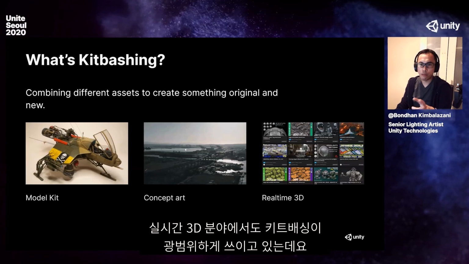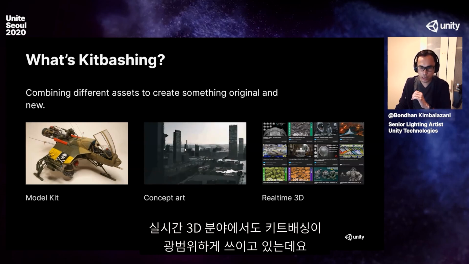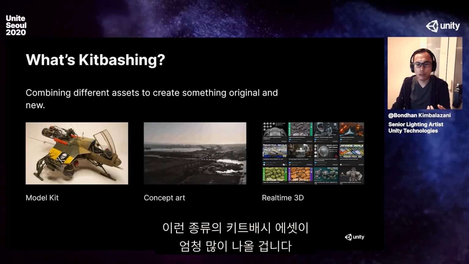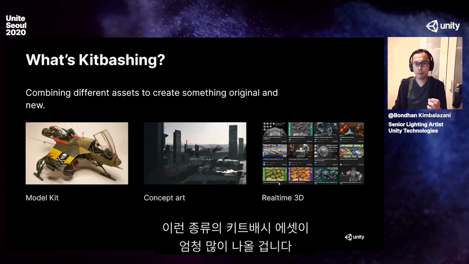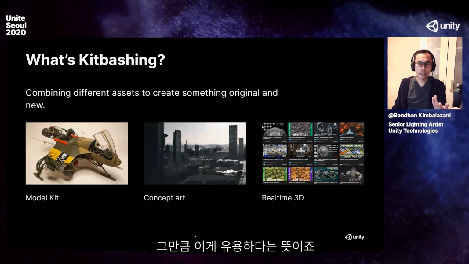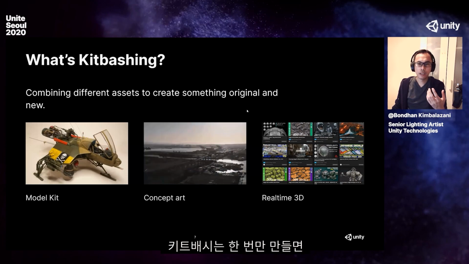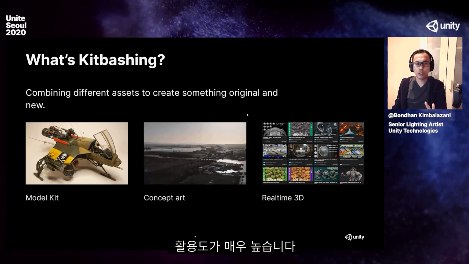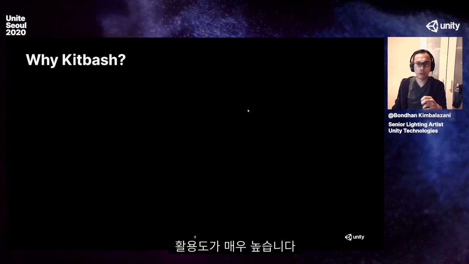And then in real-time 3D, it's just exploding everywhere. If you go to ArtStation and search for kitbash, you will get tons of this kind of kitbash assets, because it just makes sense. Kitbash makes sense because you just need to create something once, and then you can use it in many different use cases.